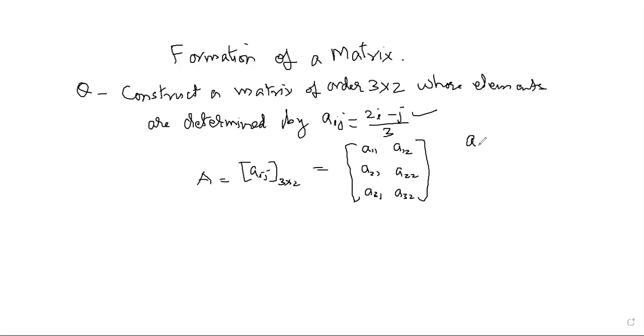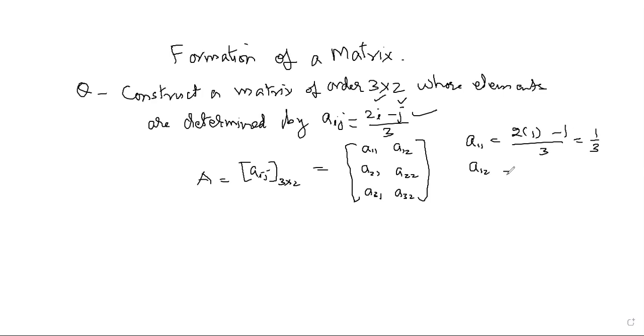First we will find A11. A11 means i is 1 and j is also 1. So 2 into 1 minus 1 by 3. 2 ones are 2, 2 minus 1, 1 by 3. A11 is 1 by 3.